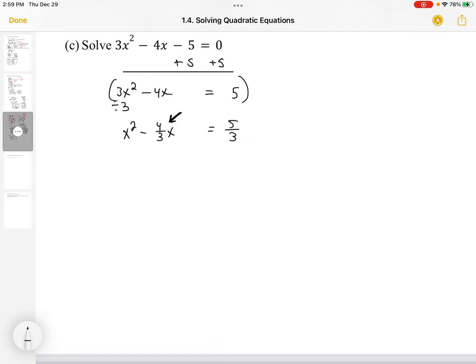The next step is to take that middle term of 4/3, divide it by 2, and square it. And that's what we're going to add to both sides. So x squared minus 4/3 x. 4/3 divided by 2 ends up being 4/6, squared.